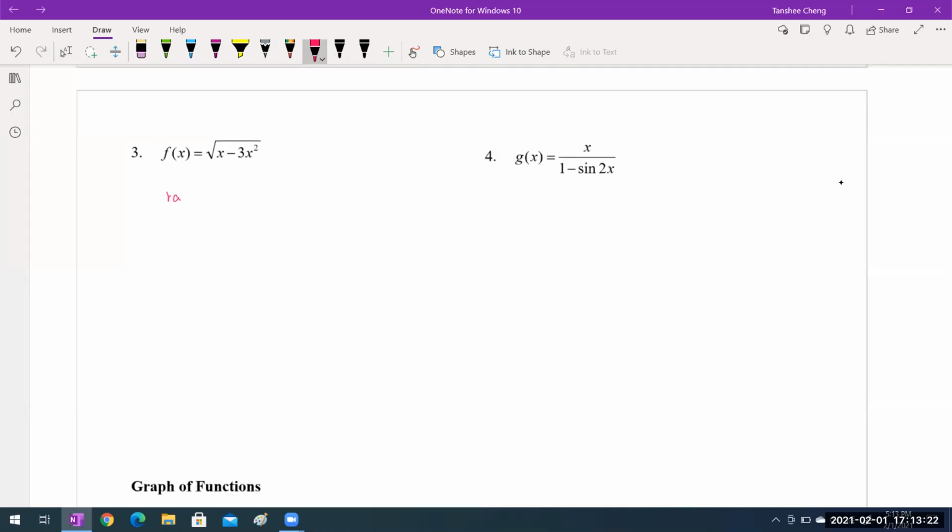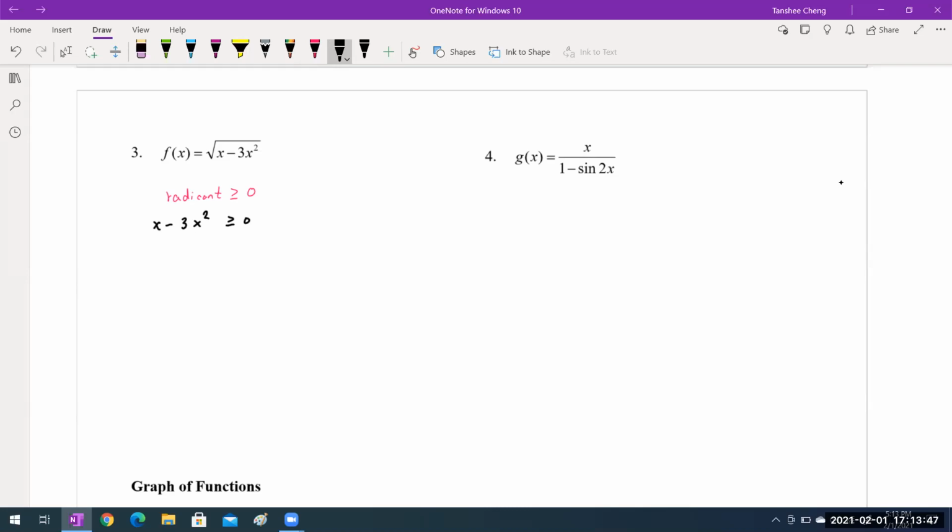So being said that, like before, according to the conceptual part, since this is an even index, the radicand must be greater than or equal to 0. In this case, the radicand is x minus 3x squared. So we are looking for any x value that satisfies this inequality, which means that's the domain for this function.